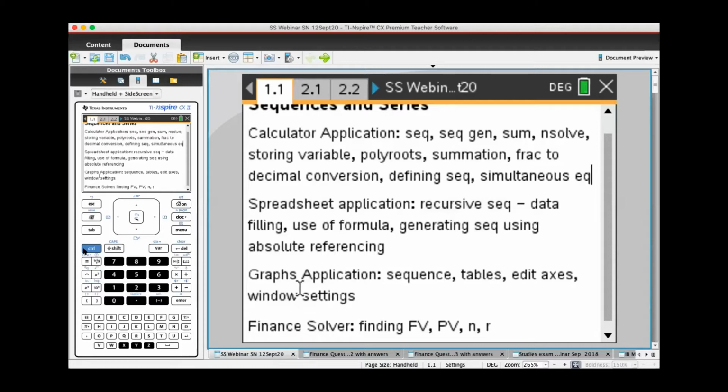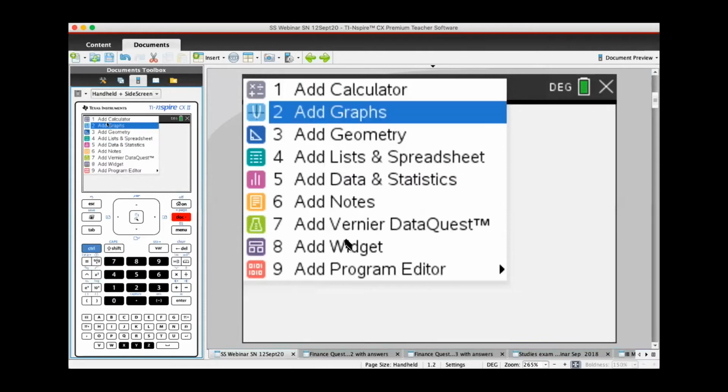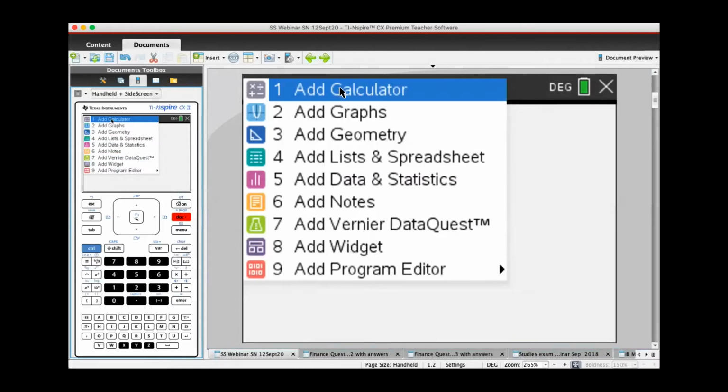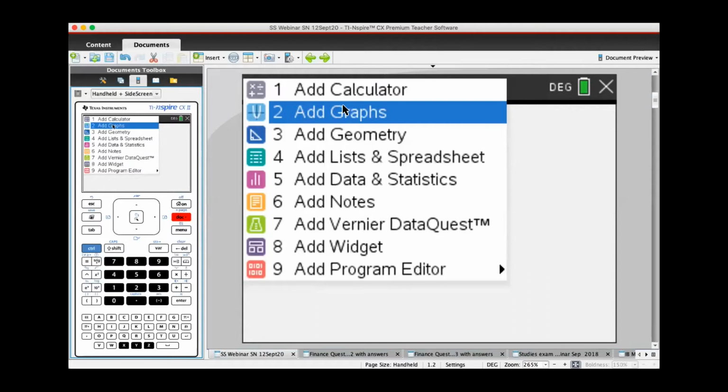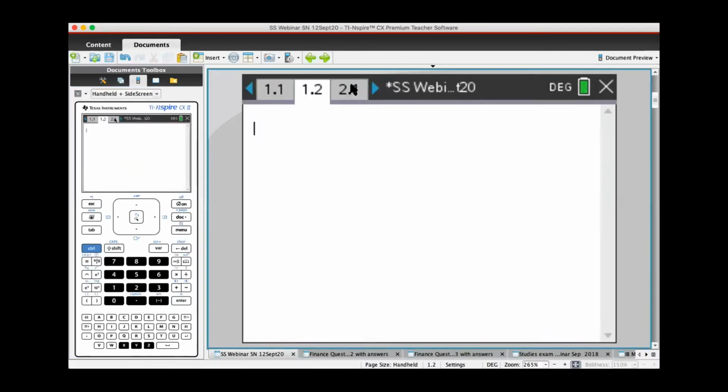So if you want to activate the plus page, you've got to press the control. I'm going to do control plus page, and I have a choice of these applications. I talked to you about the calculator application, the graph application, and the lists and the spreadsheet application. These are mainly what we are going to use. So I want to first use the calculator operation.